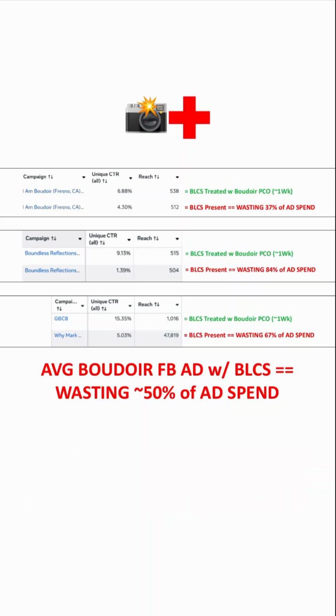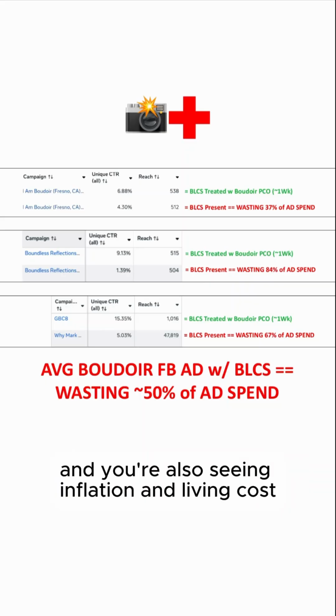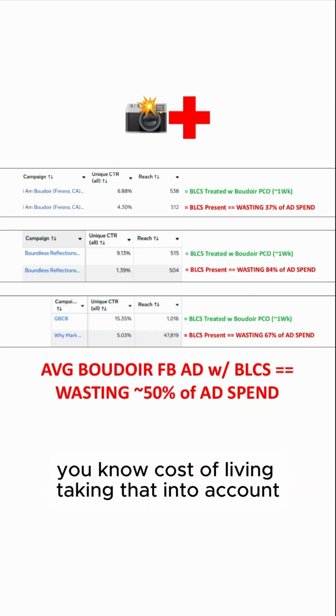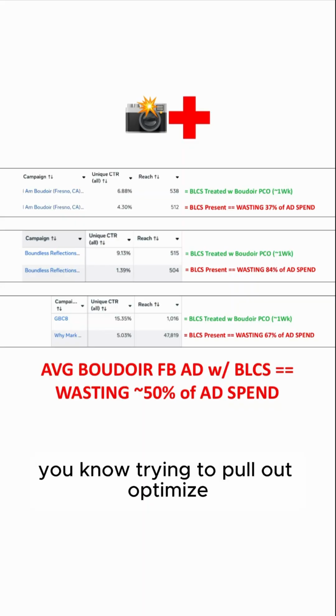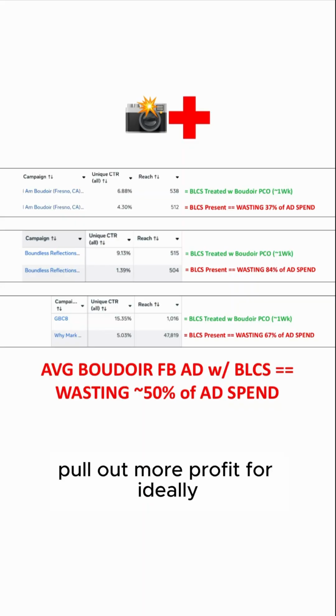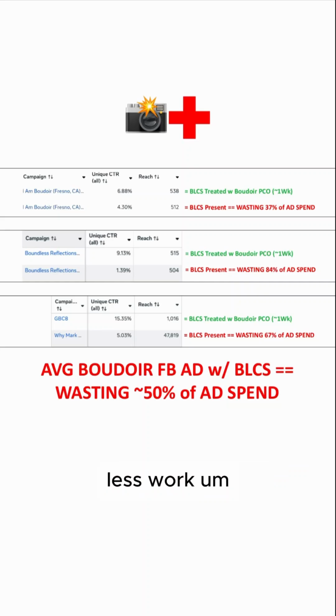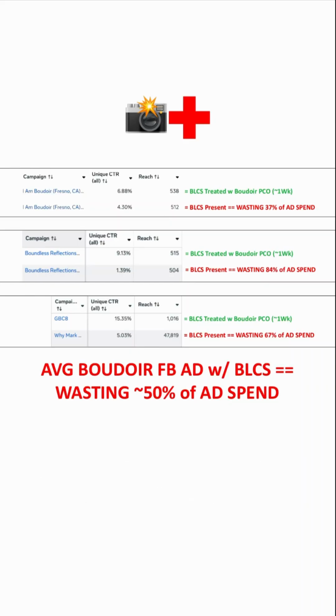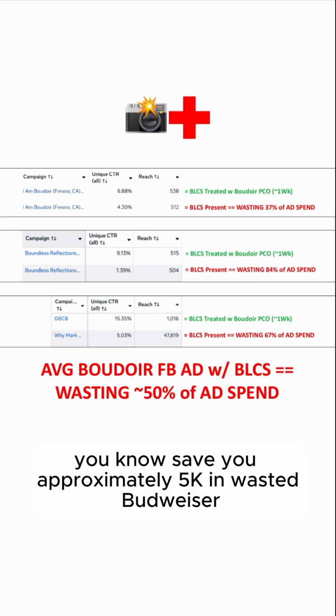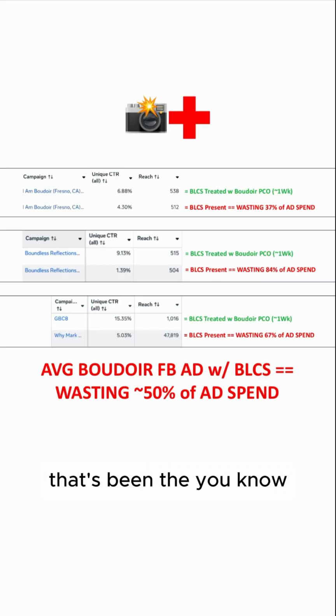And you're also seeing inflation and cost of living, taking that into account. So you've already been optimizing your business, trying to pull out more profit for ideally less input, less work. Try to get a jump on all this and remain competitive. And you see Boudoir Pico can save you approximately 5K in wasted Boudoir ad spend.